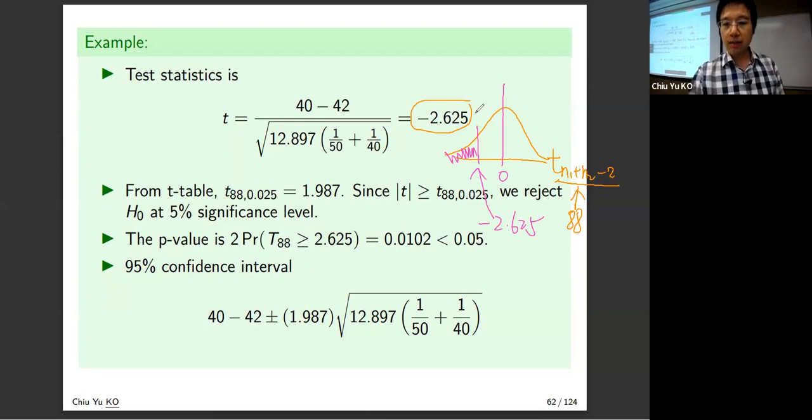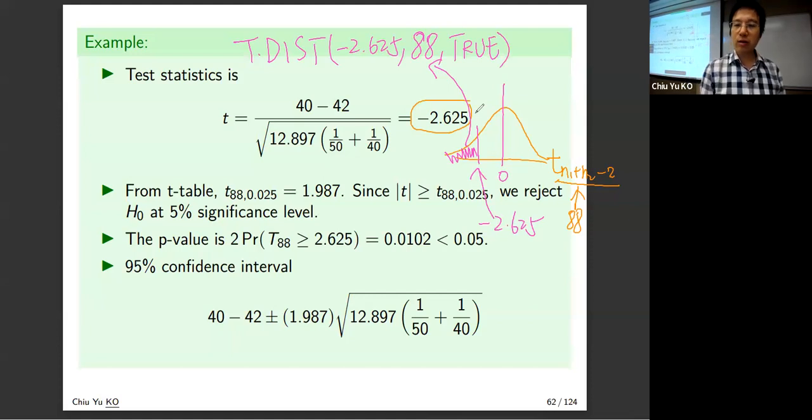So this is just t, negative 2.625, with 88 degrees of freedom. The area on the left is given by this formula. Remember to multiply by 2 for the p-value, because it's a two-sided test.